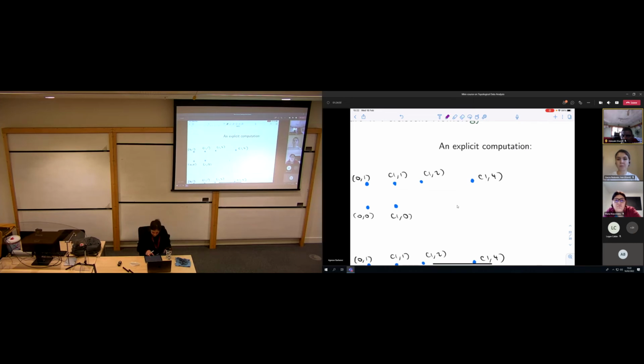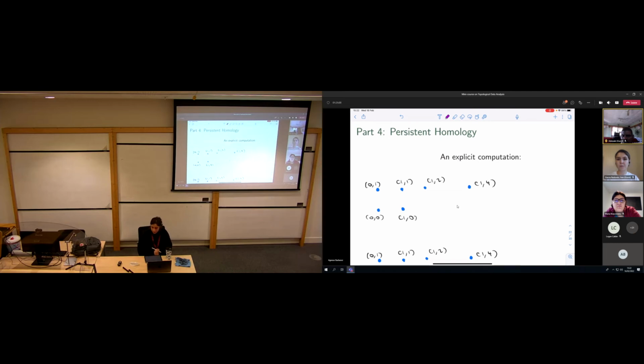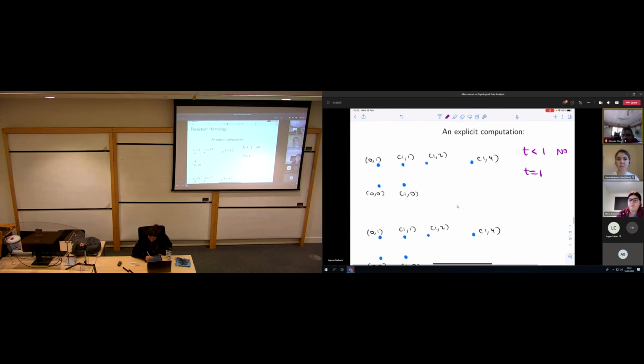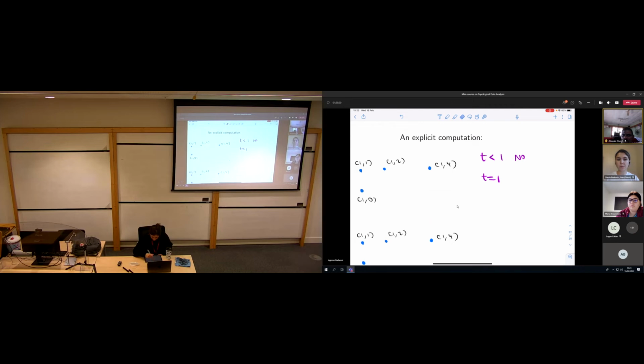Now, since the minimal distance between 2 points is 1, until time equal 1, nothing happens. So if t is less than 1, I have no one-dimensional simplices. I have just vertices. I'm writing no simplices apart from the vertices.